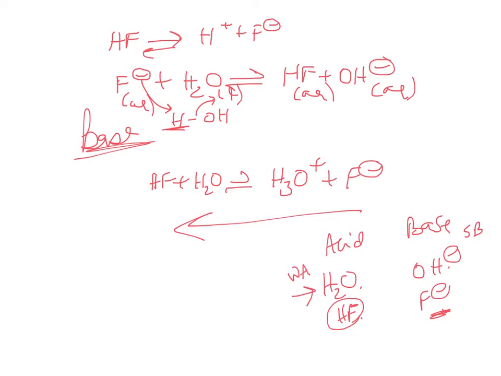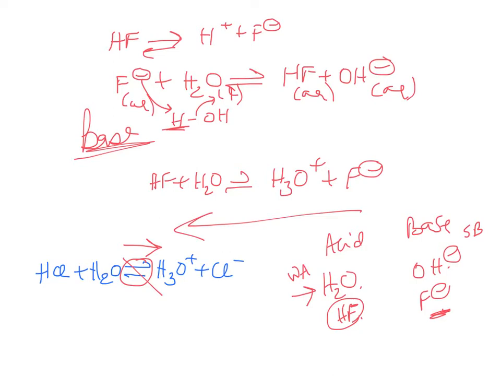All right, let's think about what happens in case of HCl. Now, HCl is a strong acid, so if you put that in water, it's going to give you hydronium and Cl negative. Actually, it's partly wrong to write this as an equilibrium. You should write a single arrow pointing towards the products.